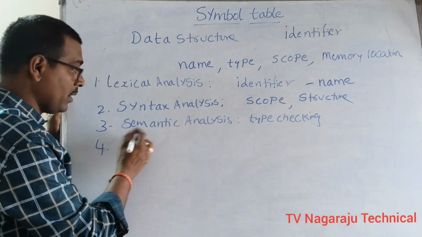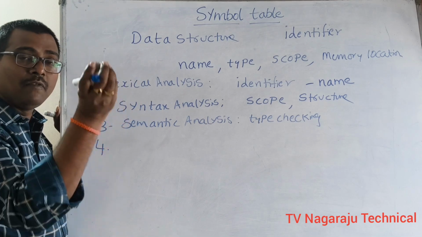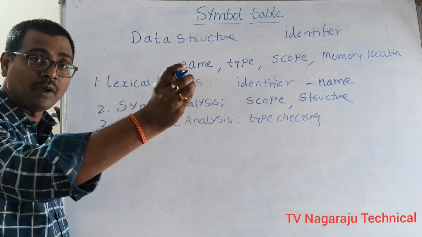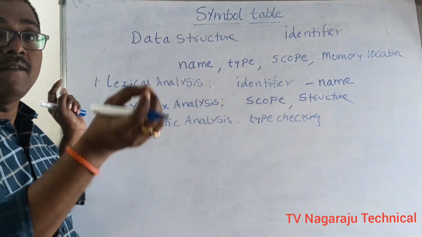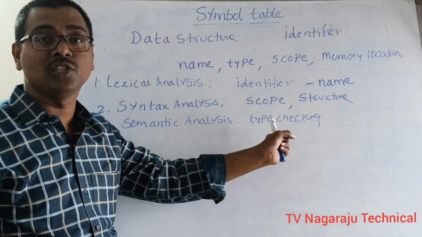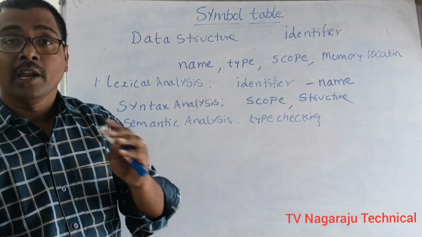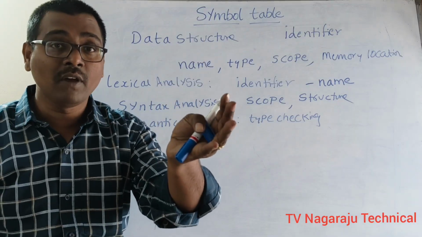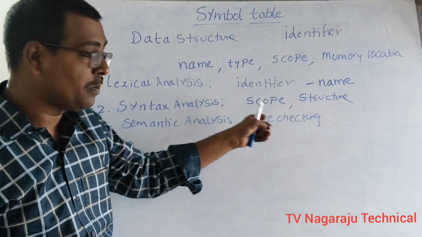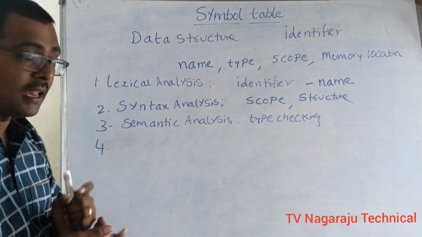For example, if a variable with the name is already defined and you want to use the same variable one more time, it needs to check. And for example, one integer variable is declared, now I initialize it with a floating value. The type checking is also performed in the semantic analysis.